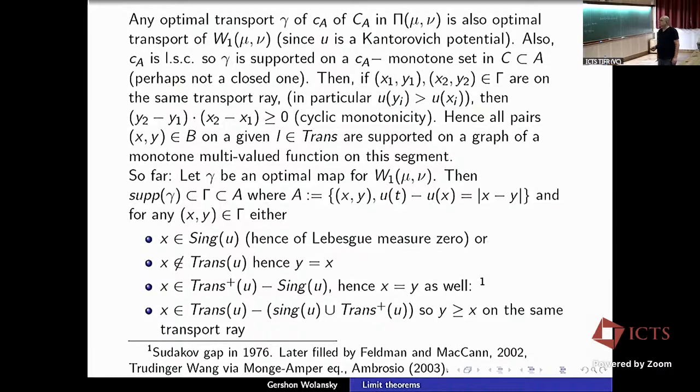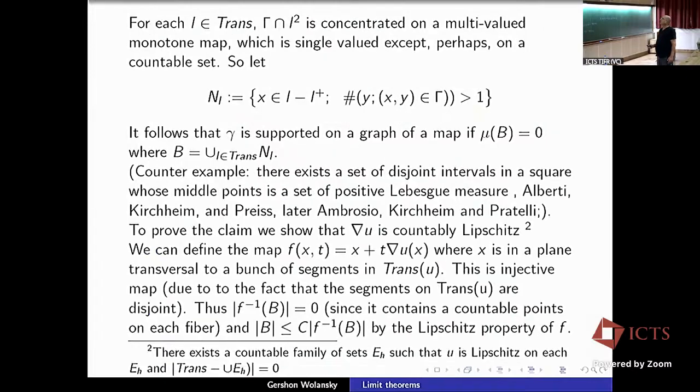The gap in his proof is that he did not really prove his argument to show that the set of bad points is of measure 0. We'll see what is the best.